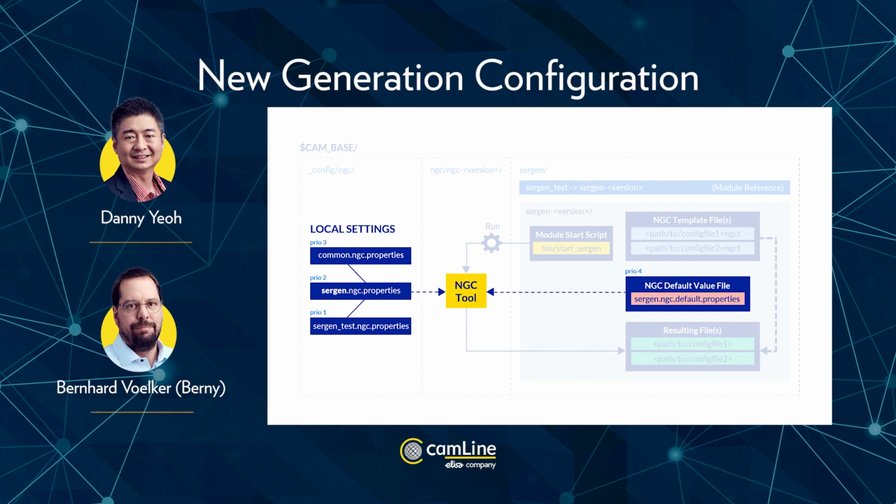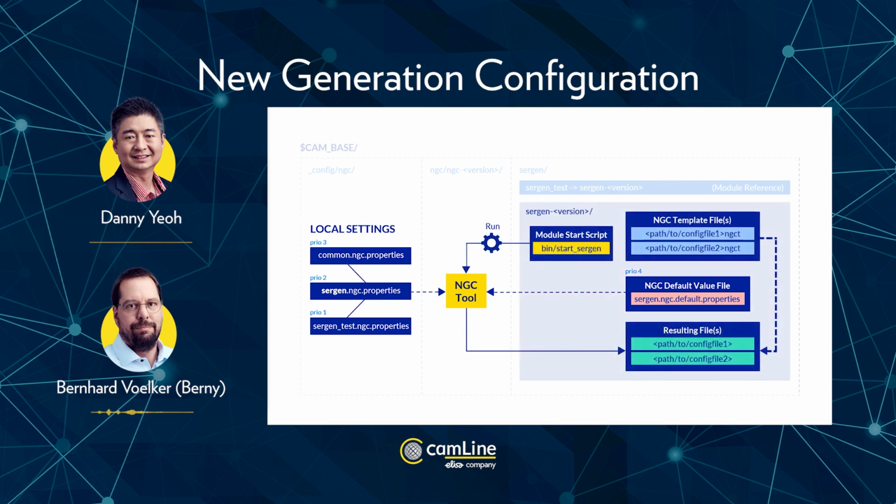As users, you can set these settings based on scenario and criteria to ensure that these upgrades do not override unintended information. For example, the Sergen test NGC properties has the highest priority. If a variable isn't found there, then NGC will search the Sergen NGC properties, which is set at the second highest priority.